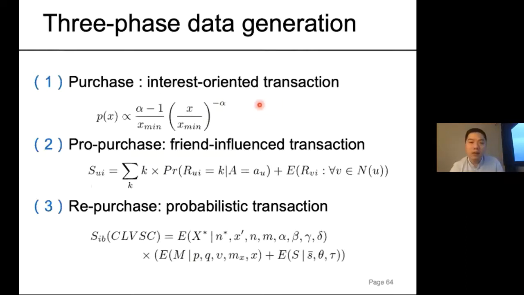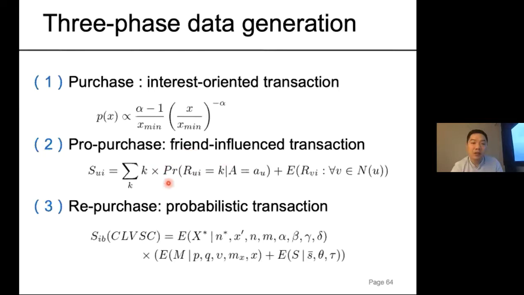Persons usually buy friends based on their interests, and secondly, persons with more interests are more likely to buy products than others. And the person's interests for the product are generated based on power law distribution. In the pre-purchase phase, we incorporate two factors.